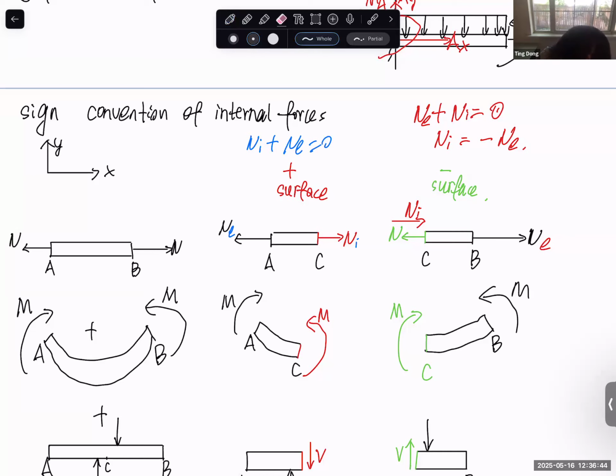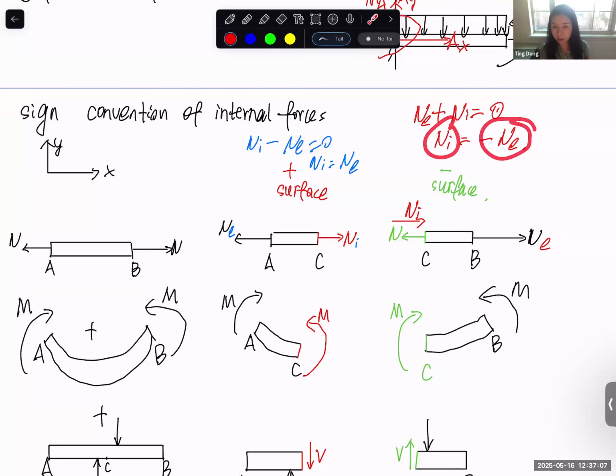Sorry, one is in the negative x-axis. So now the internal force equals NE. Now you see the problem. On the left side, I have internal force equal to positive NE. On the right, if I choose the right section, the CB section, the internal force equals negative NE.